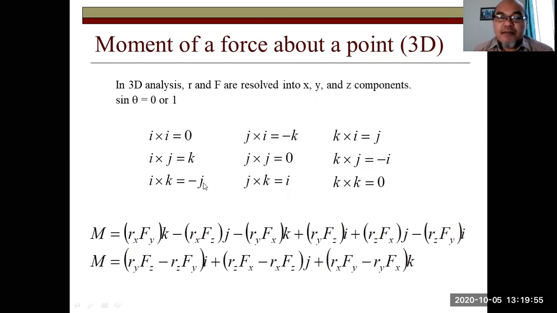The minus j component here comes from i cross k, which is Rx multiplied by Fz from the F, etc. Then we group the k here with the k here, into positive and negative, j with the j here. So minus Rx Fz plus Rz Fx. The k we group with the k, the i with the i, etc. Okay.